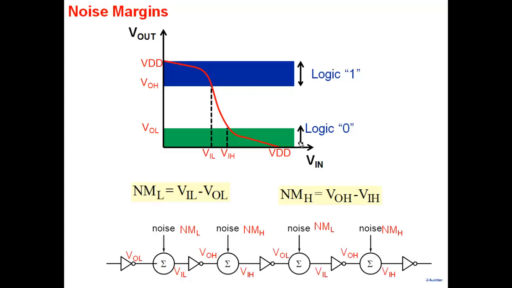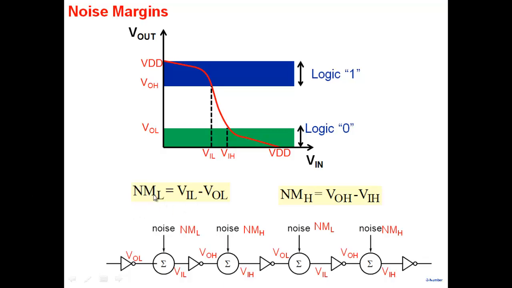It's still a valid logic 1 and logic 0. So you can add noise to every input, and things will work fine according to our definition. Under the worst case scenario, where every input has noise equal to NML or NMH, my output values are still fine. Okay, so these are definitions.